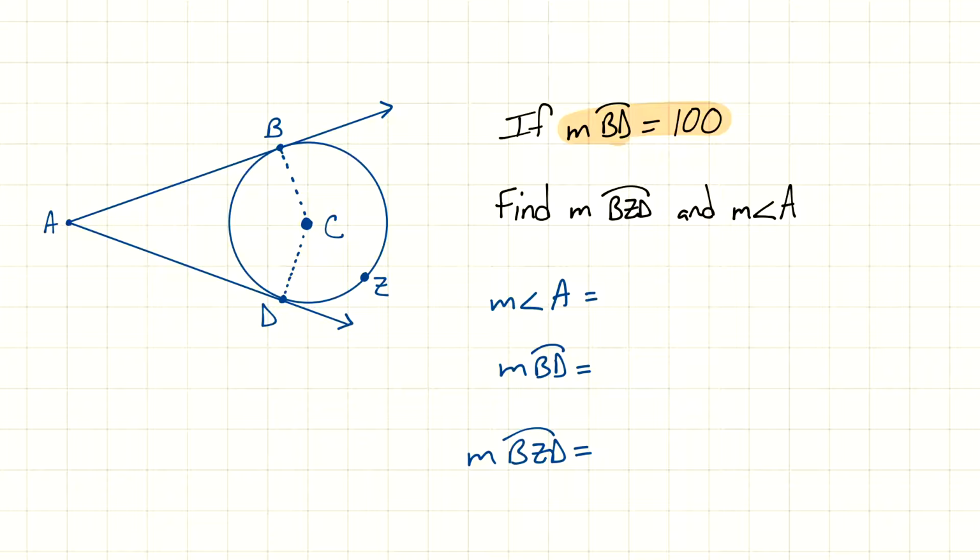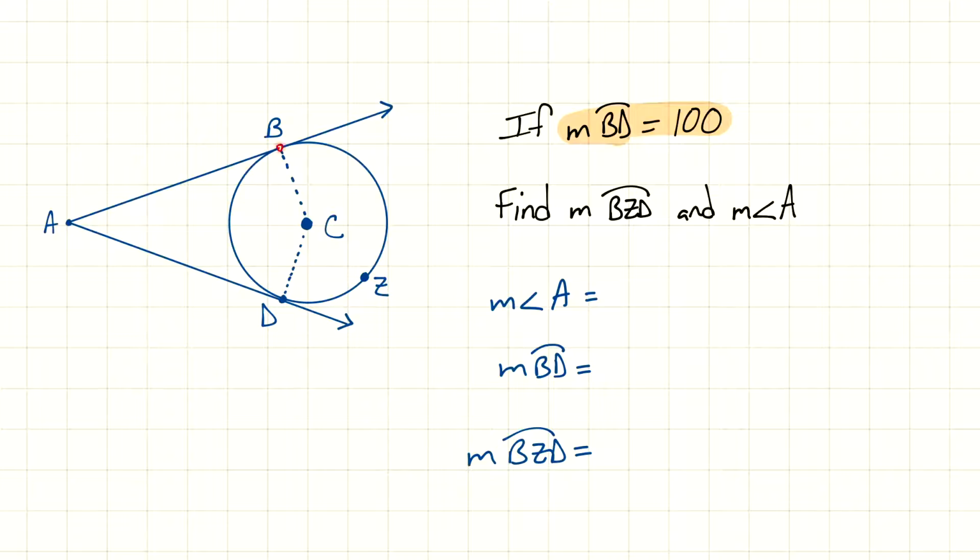There are three key parts that we're looking at here: one is this angle on the outside, another is this minor arc, and the other is this major arc.